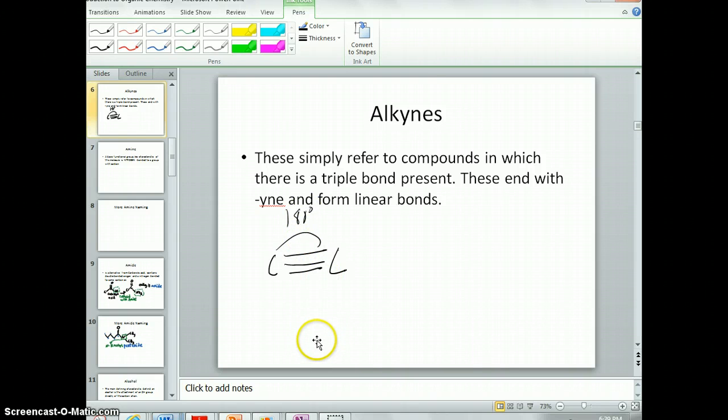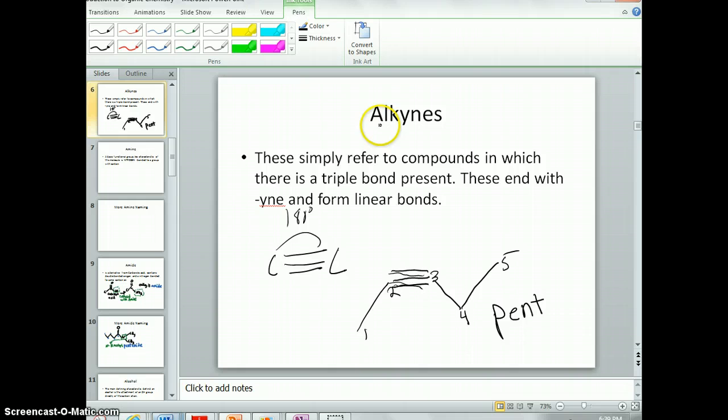Now if we were to have a structure that looks like this, no, those lines aren't very straight at all. Again, we're going to label this. This gets the lowest priority number: 1, 2, 3, 4, 5. So we have 5, and our root is going to be pent.